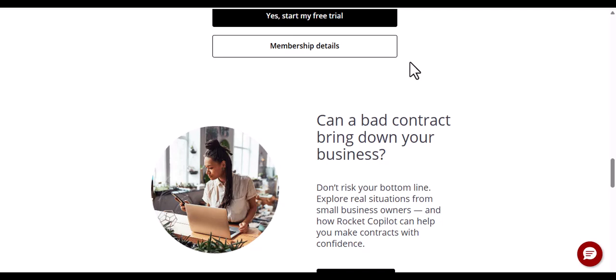Why do you absolutely need an NDA? You might be thinking, do I really need an NDA? Can't I just trust people? While trust is important, in business, legal protections are paramount. Here's why an NDA isn't just a good idea, but often a necessity. Protecting intellectual property. This is a big one.